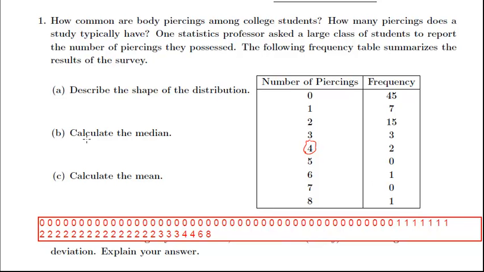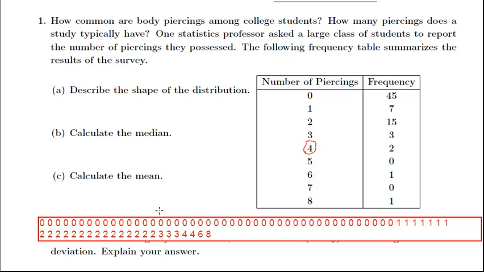And to make that a little more clear, I drew down here what the data would look like if I just gave you the raw data, not summarized in a frequency table. So I had zeros 45 times. So I had 45 zeros there, 1s there, 2s, and then we didn't have any at 5. We didn't have any observations at 7.